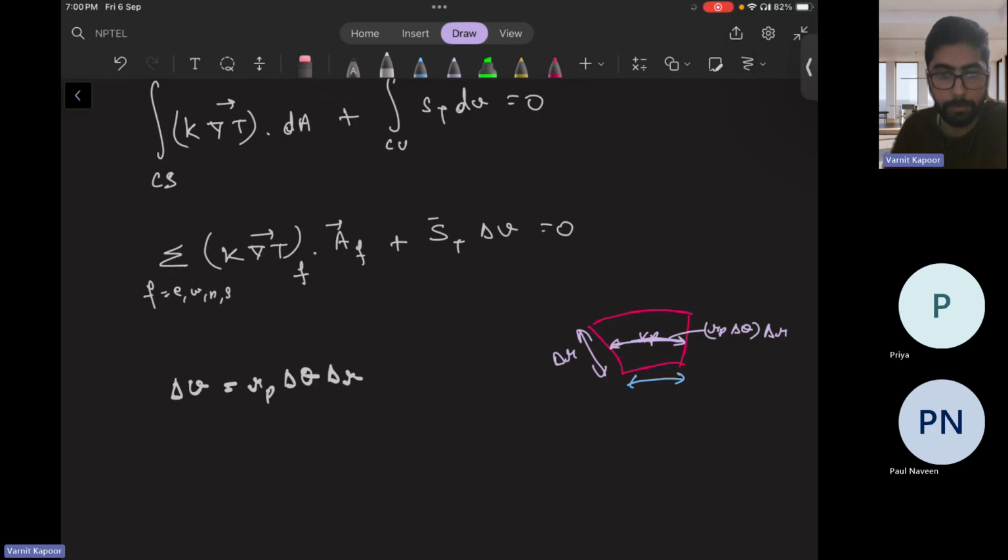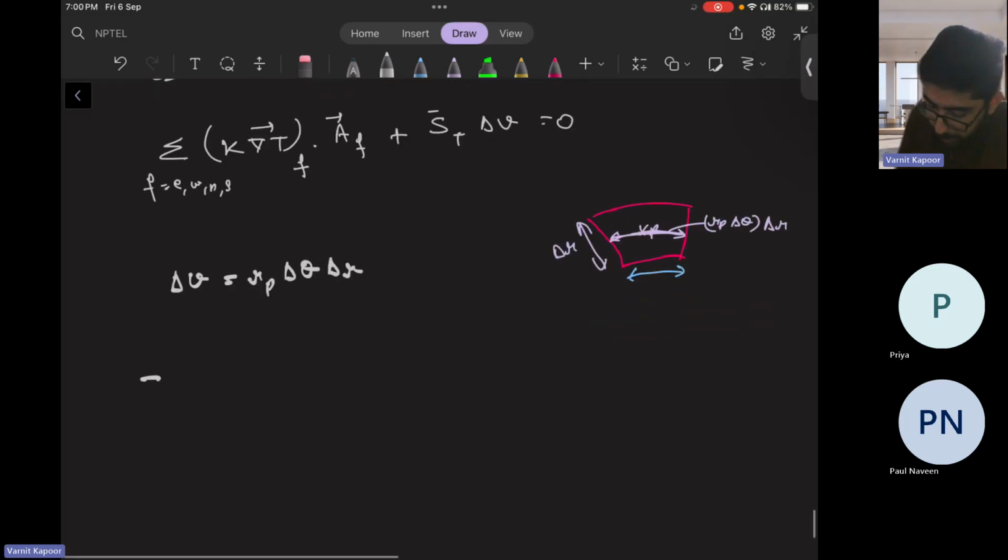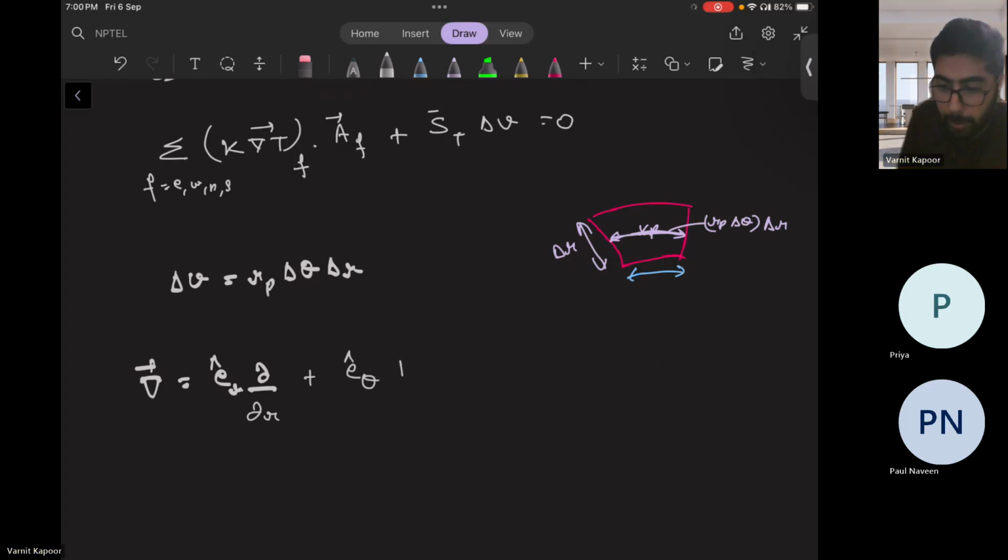What is the grad operator in cylindrical or polar coordinates? It's nothing but the unit vector in the radial direction, dou by dou R, plus the unit vector in the theta direction times 1 by R, dou by dou theta.